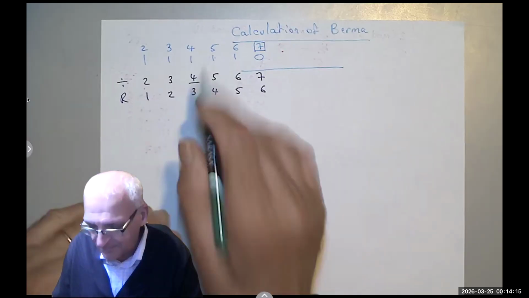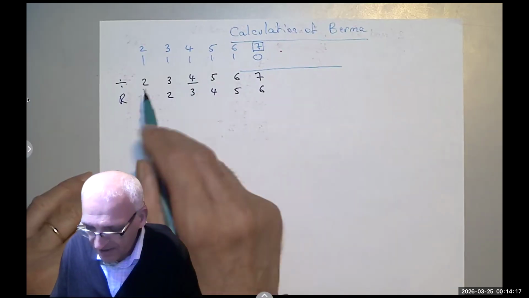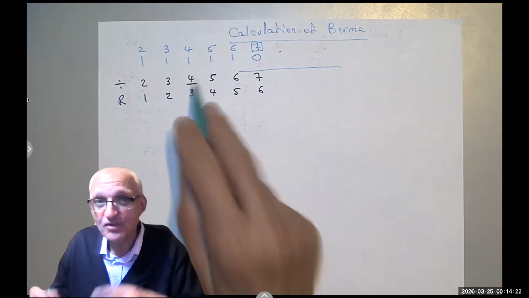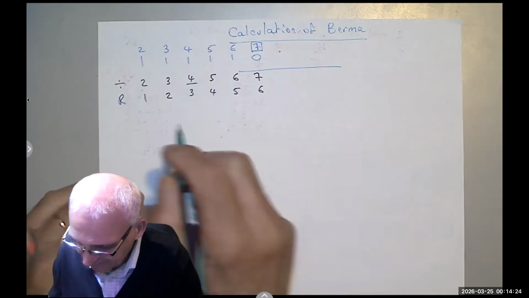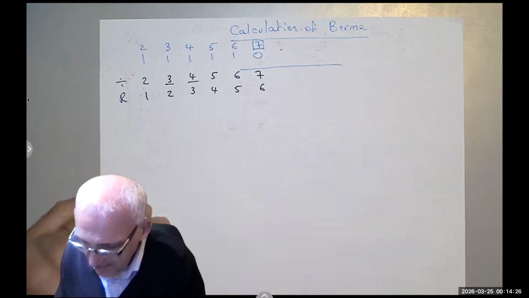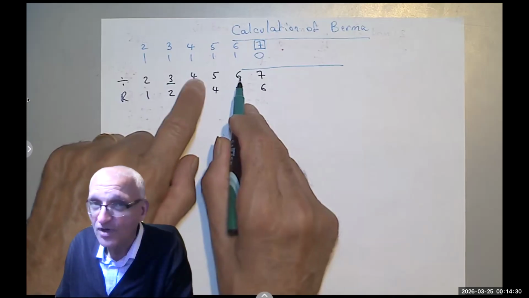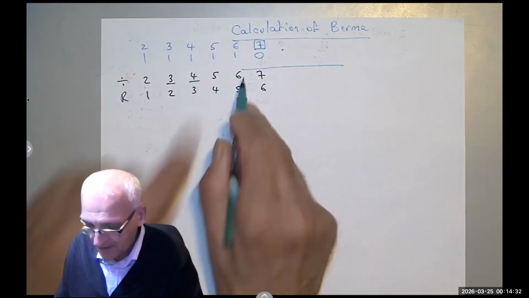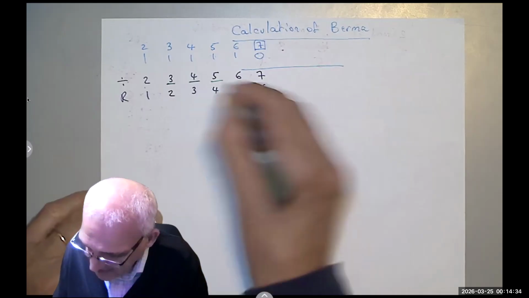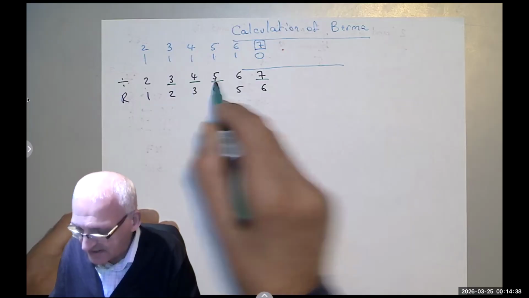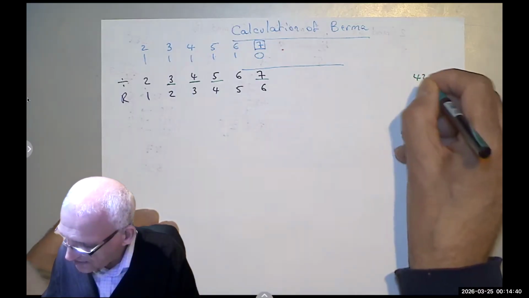So I pick the 4 because this has a 2, this has a 2, but this has two 2s, so you take the maximum, right? I have a 3 because I cannot pick the 6, because the 6 and 4 are not relatively prime. Then I pick the 5 and the 7. 3 times 4 is 12, times 5 is 60, times 7 is 420.